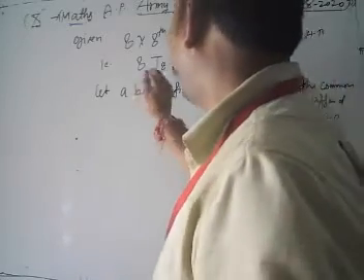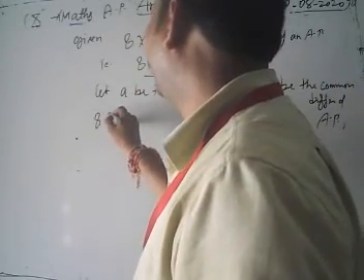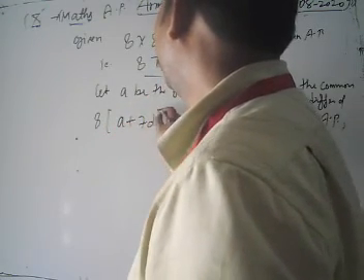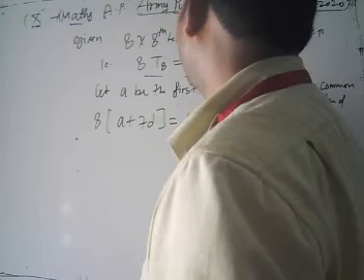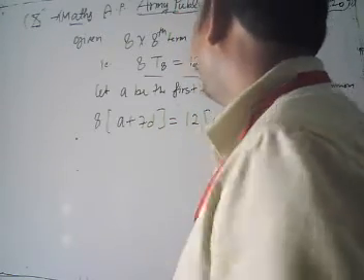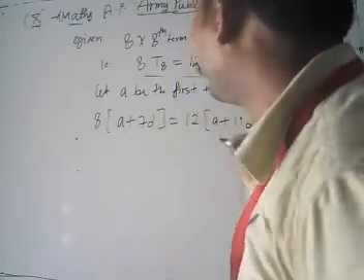Then we have 8 into T8, where T8 is A plus 7D, is equal to 12 times T12, where T12 is A plus 12 minus 1, A plus 11D. Now we are going to solve this.